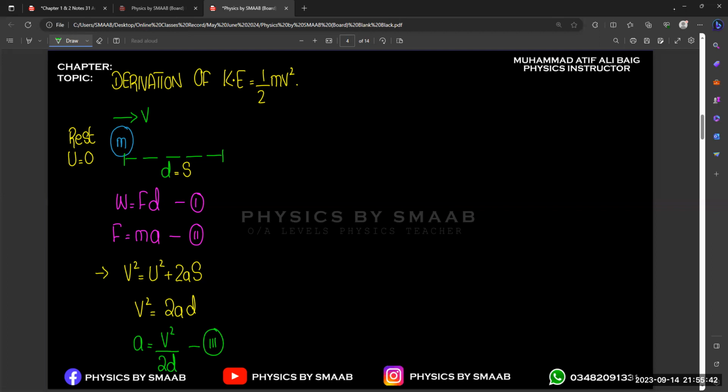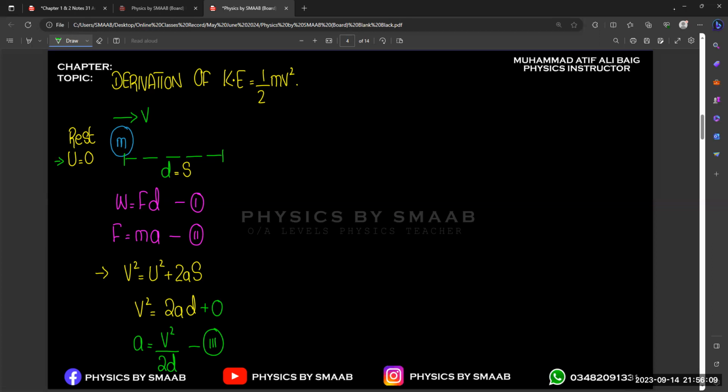So basically we got the value of a. And what about u squared? Basically initial velocity is equal to 0, so it is 0 squared, and we remove it from the equation.